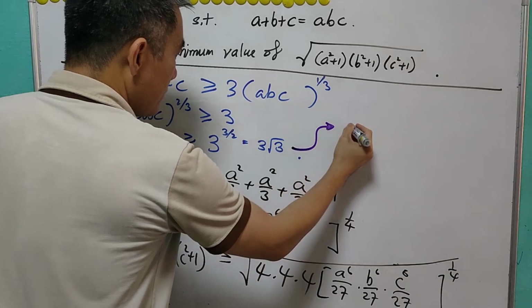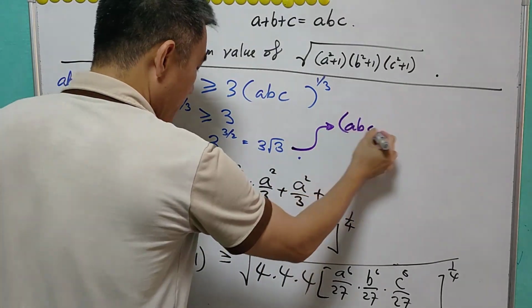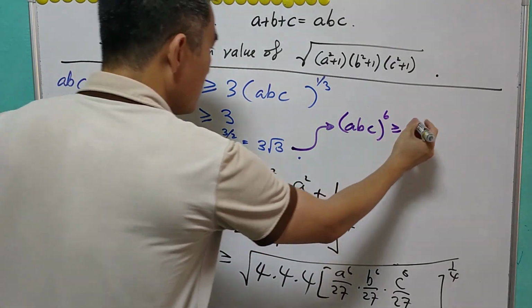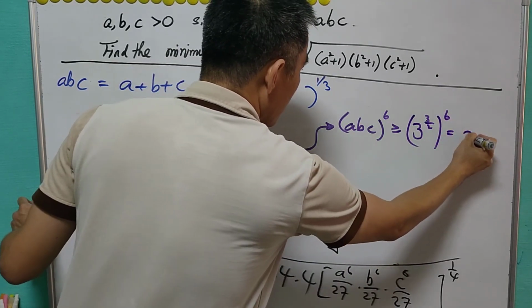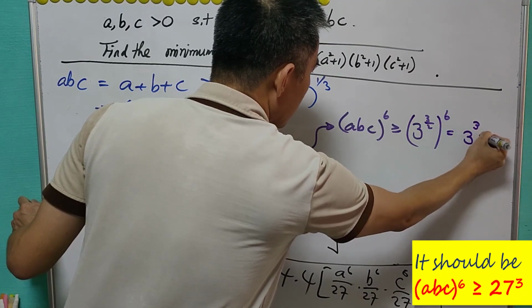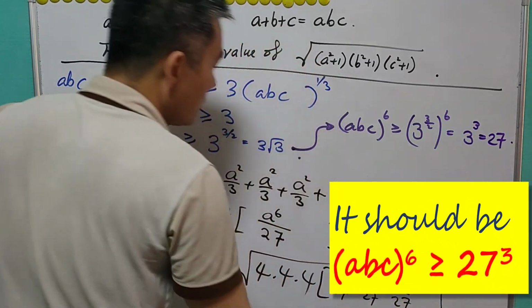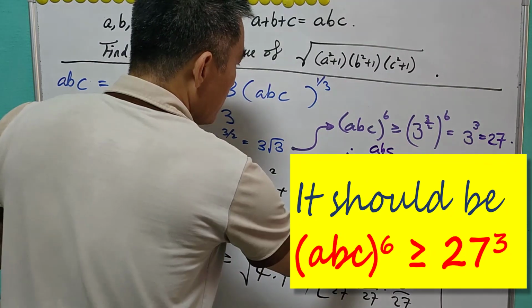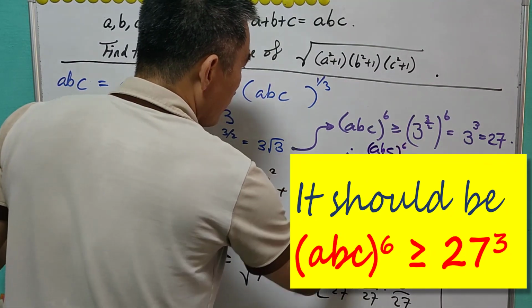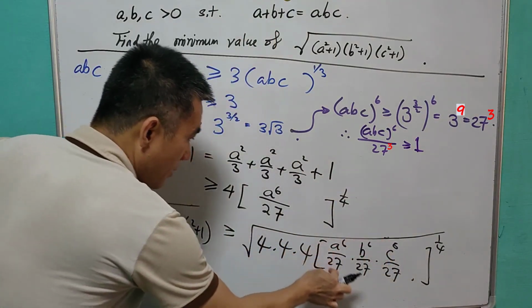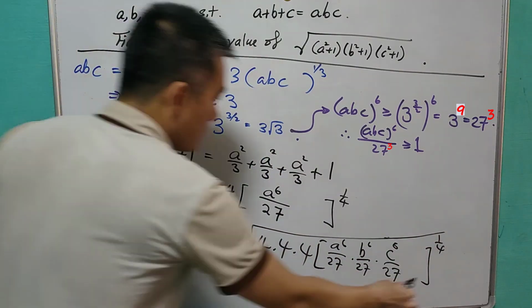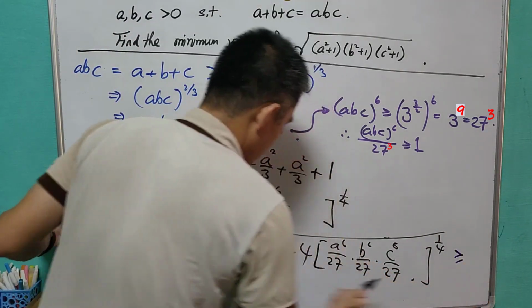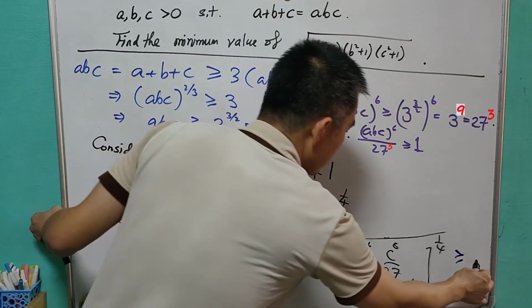Then this means that (ABC) to the power of 6 is greater than or equal to 3 to the power of 3 over 2, to the power of 6. That is 3 to the power of 9, which equals 27 cubed. And so (ABC) to the power of 6 over 27 will be greater than or equal to 1. So this itself is greater than or equal to 1 to the power of 1 over 4, still 1. This will be greater than or equal to the square root of 64, which equals 8.